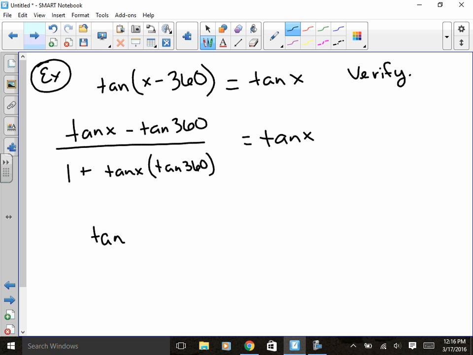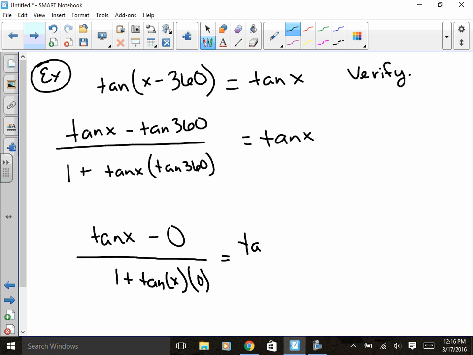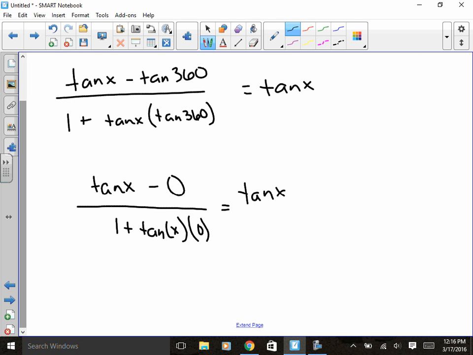So I've got the tangent x minus 0 over 1 plus tangent x times 0. And that's because tangent of 360 is 0. So what I'm left with then is just tangent x over 1 equals tangent x, which in fact works.